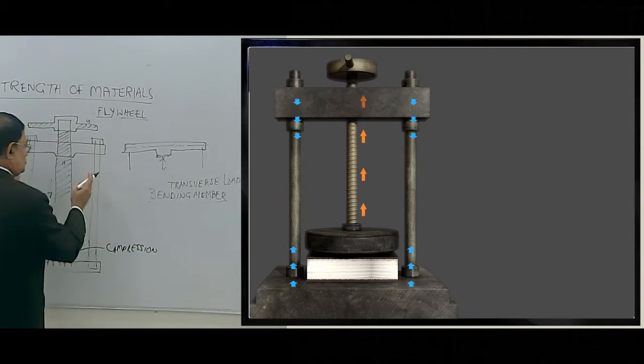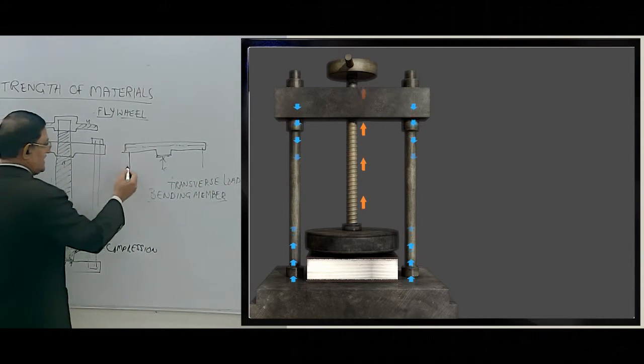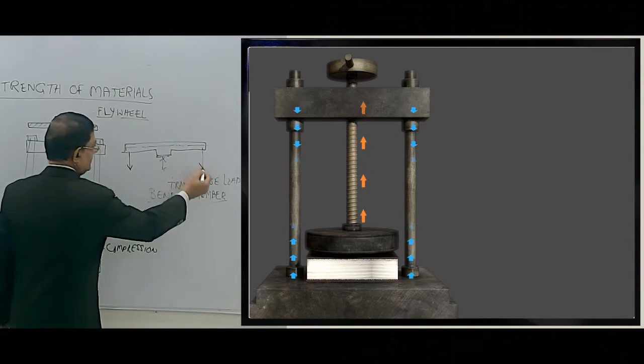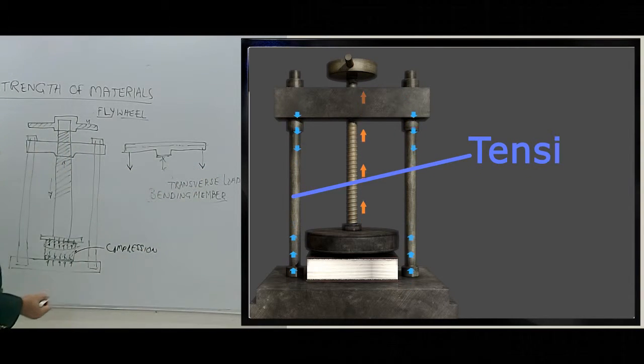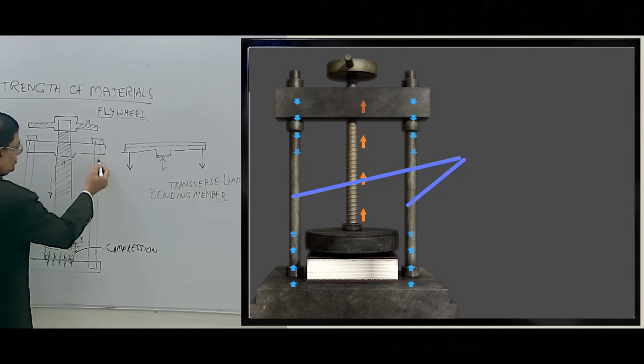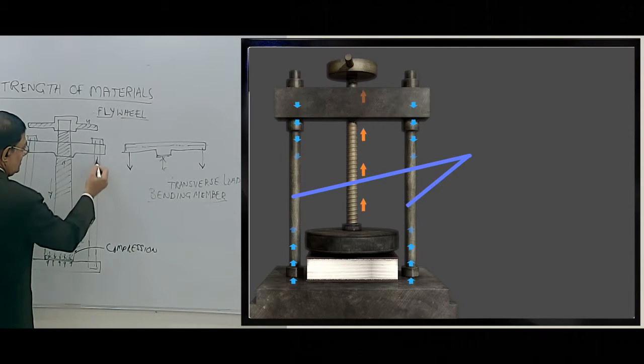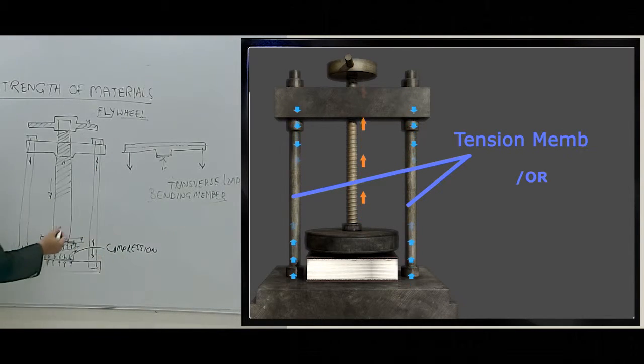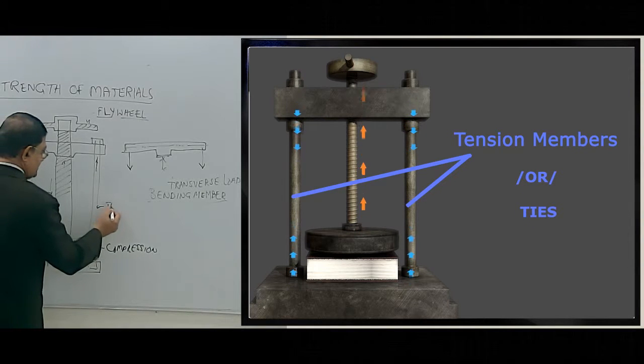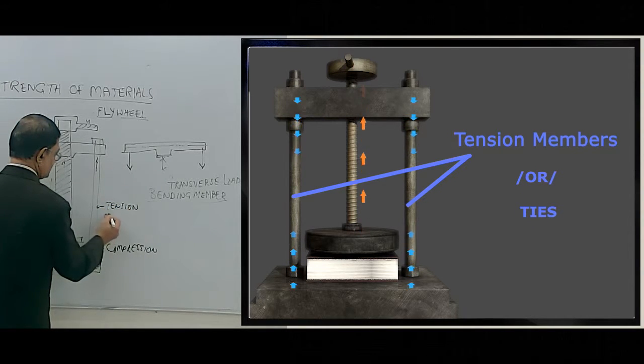The two side posts will resist this upward force in the form of tension. These two are subjected to tension inward. The end posts are tension members.